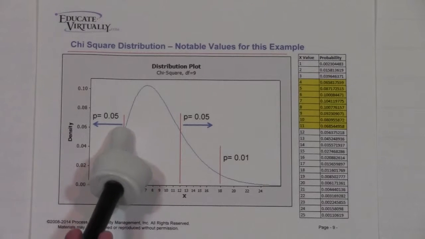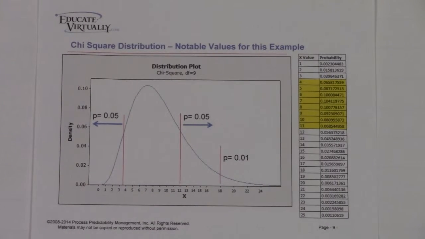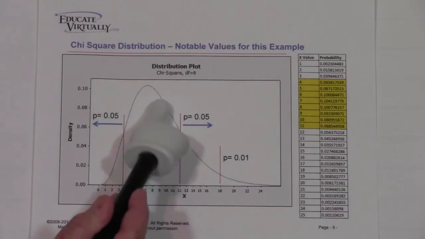If I start to see something below that or above that, then I can declare that there is a difference, there's something going on. So if I can identify a product or a region that has sales averaging 12 or greater during the course of the year, then they're doing something that's different than the rest of the regions.